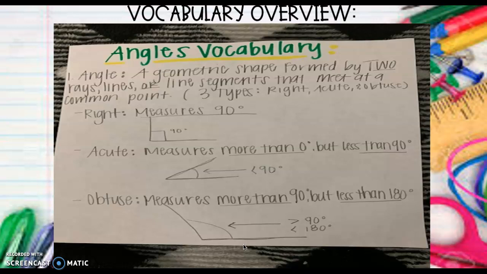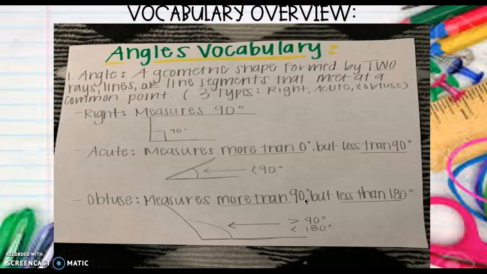So it measures more than 90 but less than 180. So it's either 91 to 179. It has to be more than 90 but less than 180. Okay, so that's just giving you some vocabulary so you'll know how to work these problems. I'll pause right here so you can see the slide.